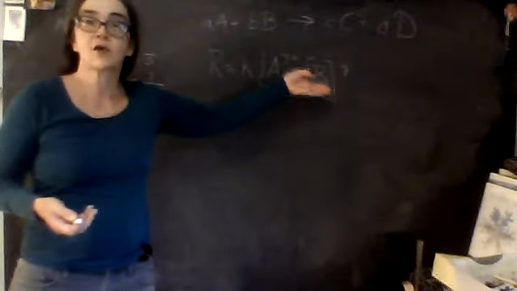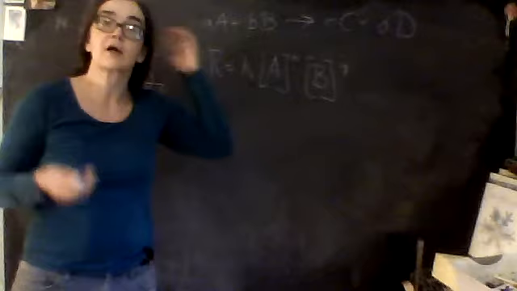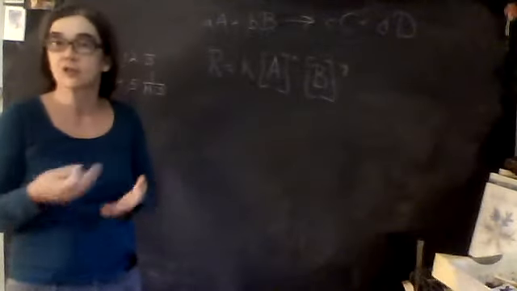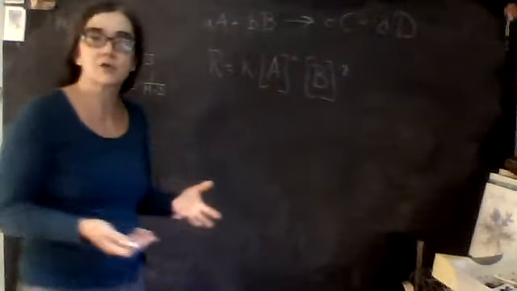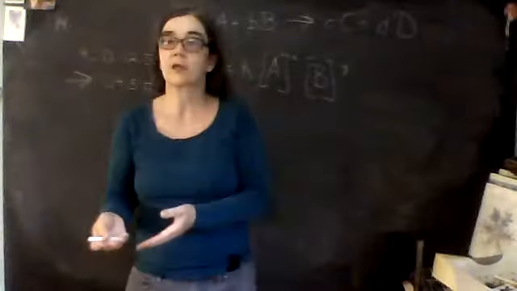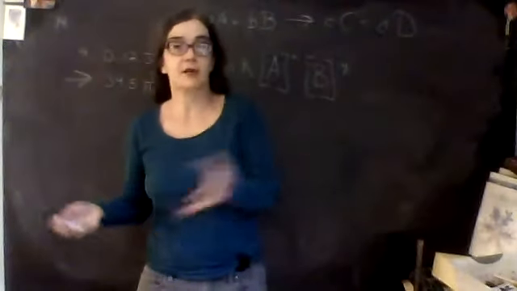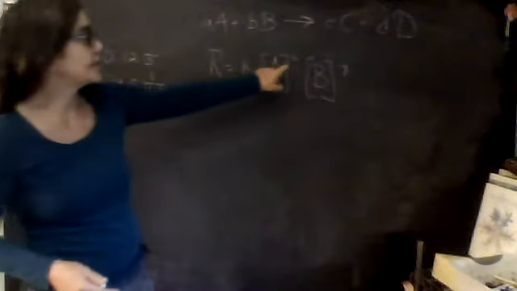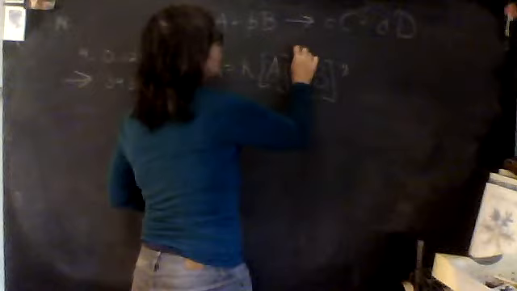How do we figure out the exponent? We have to do it experimentally. We're not really doing that a lot in this course. We're mostly looking at experimental data that other scientists have gathered. But let's imagine that this x is 2.